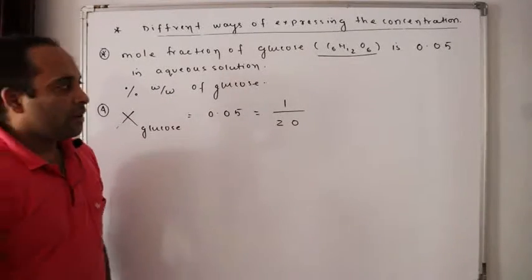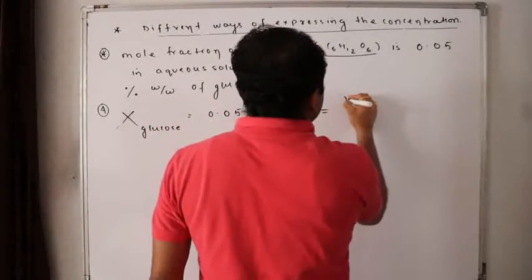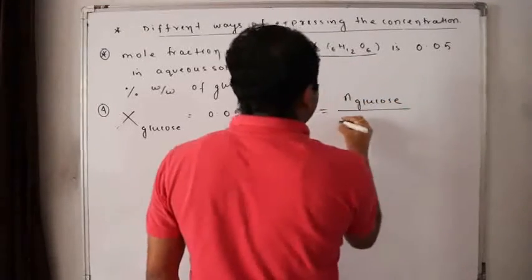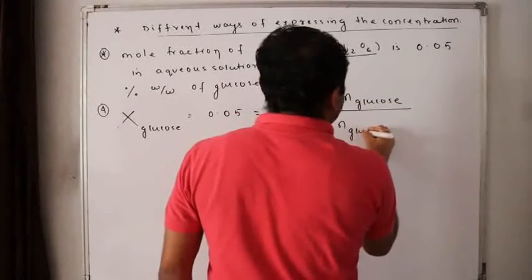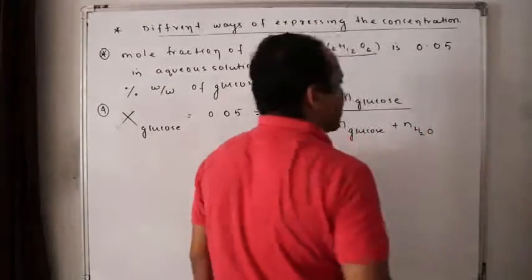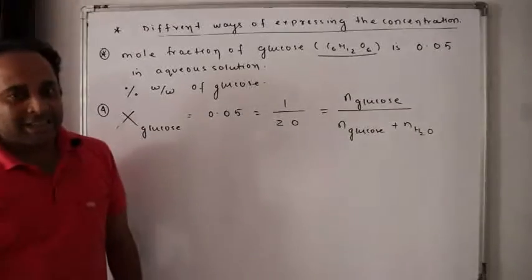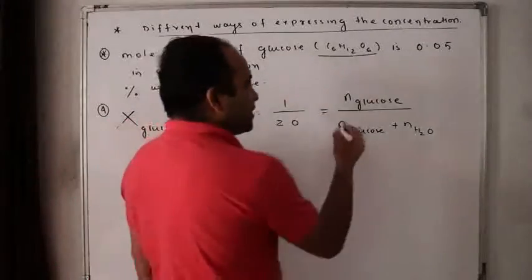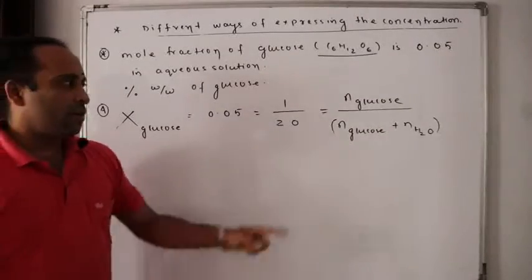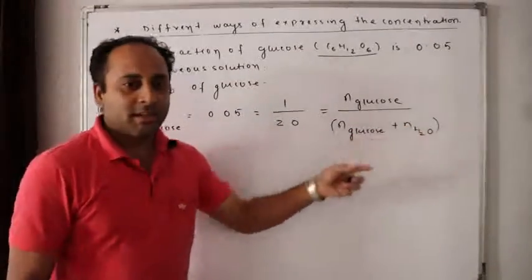Is it equal to the number of moles of glucose divided by the number of moles of glucose plus the number of moles of water? Or I can say this is N total, the total number of moles, isn't it?